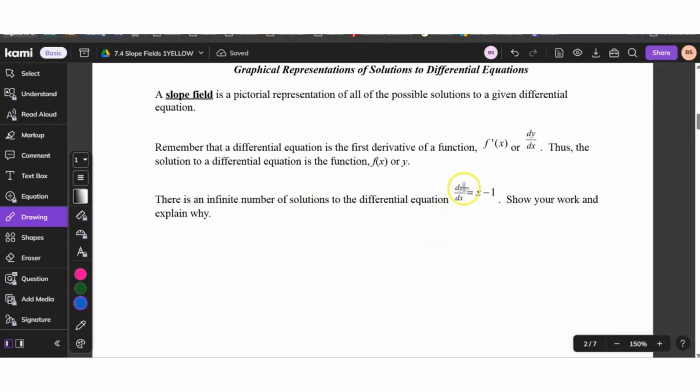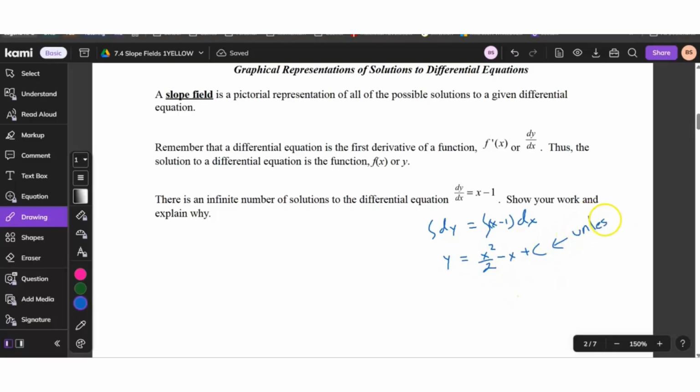So here, if we did this, we would end up with the integral of dy equals the integral of x minus 1 dx, right? That's going to give us y equals x squared over 2 minus x plus c. This is the part that means that we get a whole bunch.